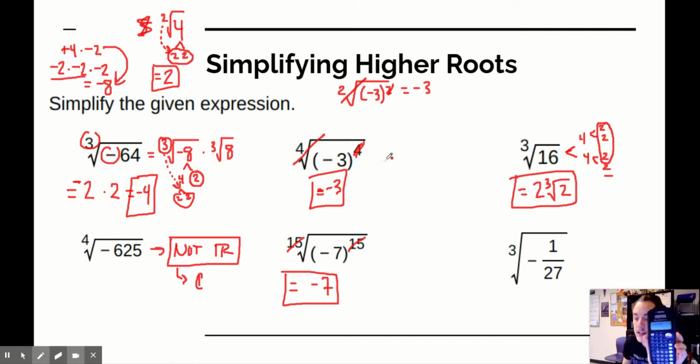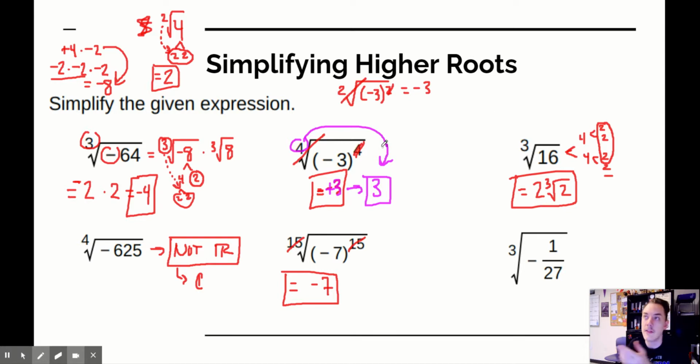Oh, shoot. I just remembered. That's -7. How much do you guys love me? Because this is a rookie mistake for me. The previous one is actually a positive, and the reason why it's a positive is because it can never pull out a negative. So sorry, this actually will equal a +3. The reason why is because it's an even, and evens will always be a positive.